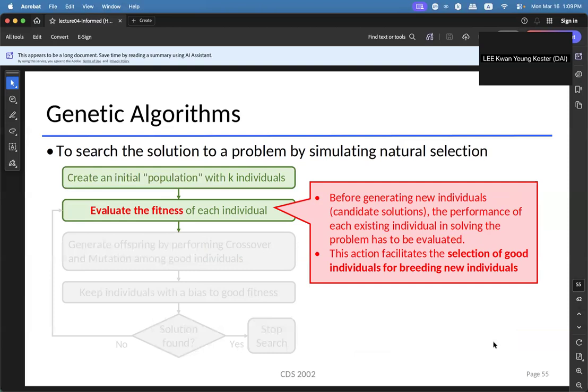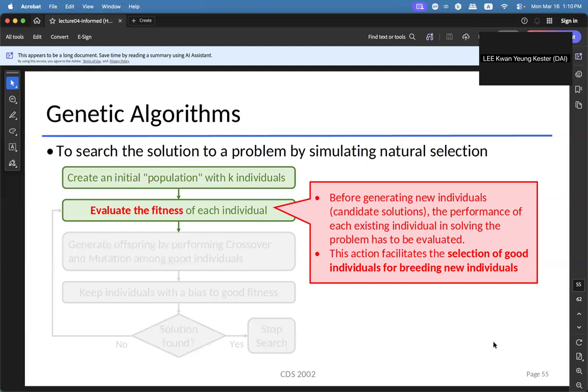And only the solutions that have a higher objective value are selected for mating. This part is emulating the natural selection.